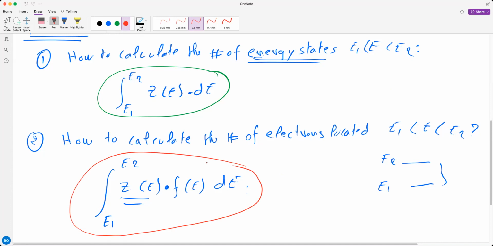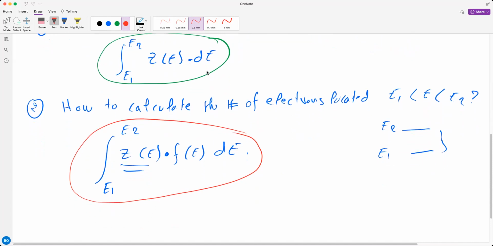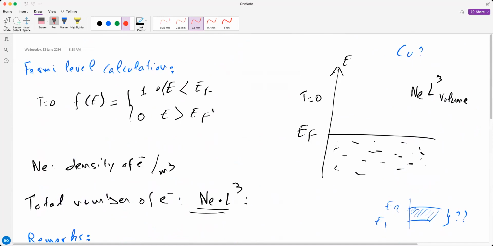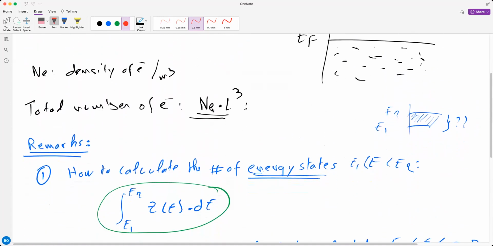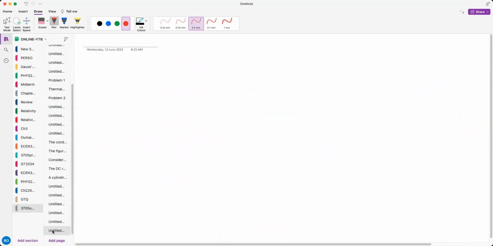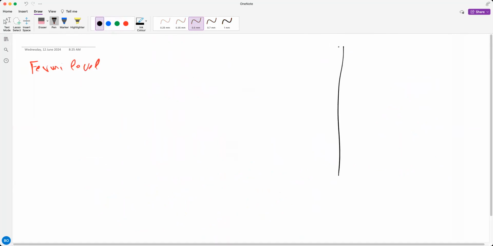Yes, Professor. Okay. Now we go back to our problem. The problem was we wanted to calculate the Fermi level. We'll do it very quickly, to repeat what I just said.